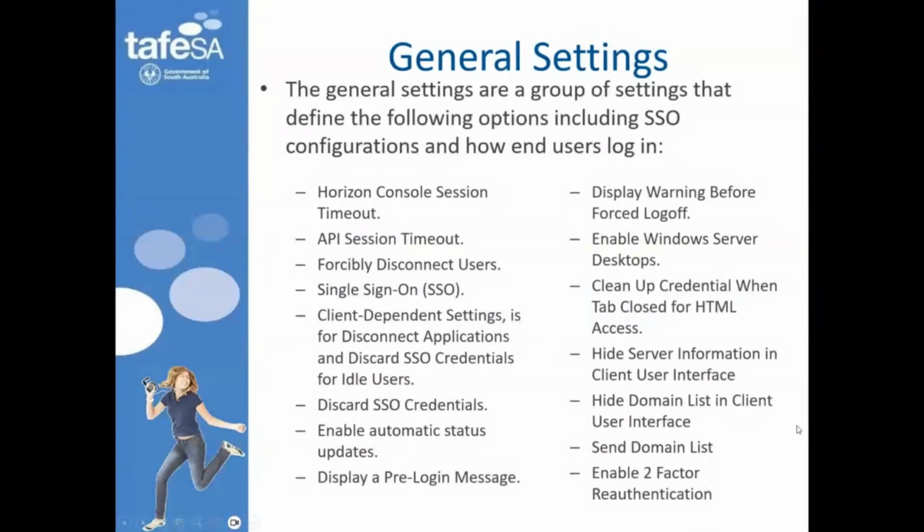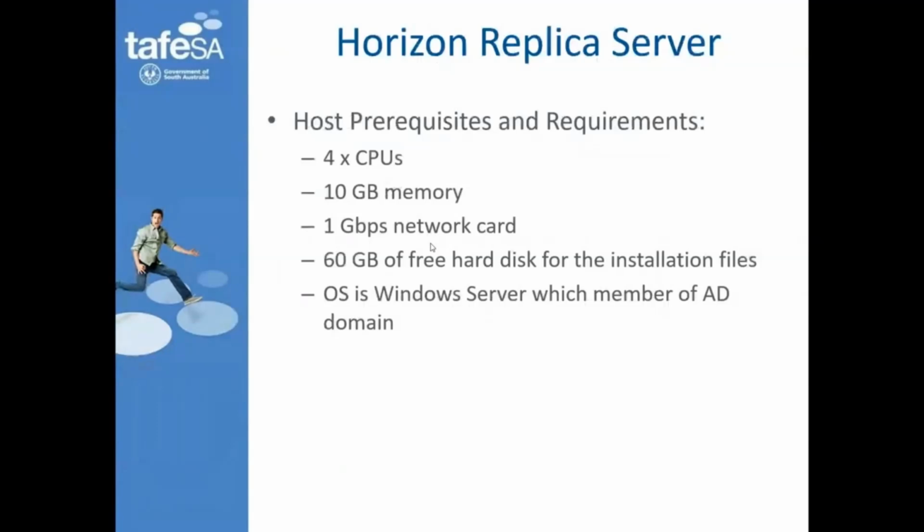Again, if you can see which domains, it gives someone who hasn't logged in lots of information about your domain. And the send domain list option allows the connection server to send a list of user domain names to the client before the user authenticates. So this is the opposite of that. And this last one is to enable multi-factor authentication or two-factor authentication. The next server we're going to talk about is a Horizon replica server.